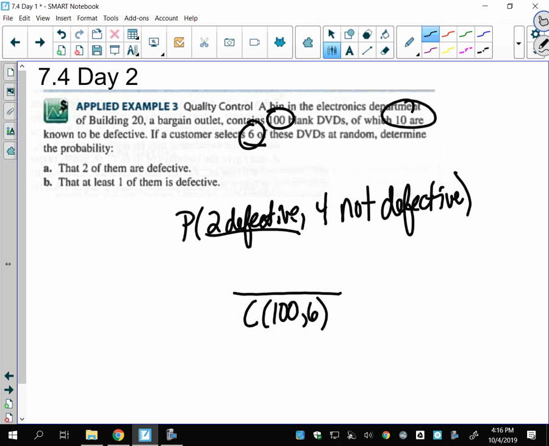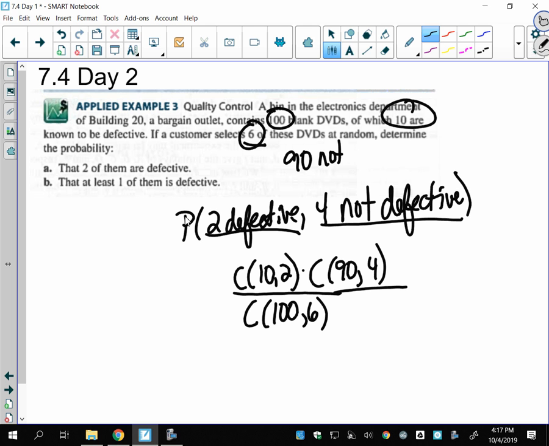And we want to choose 2 of them. So that's also going to be a combination of 10, choose 2. And then how many are not defective? Well, if 100 are there and 10 are defective, that means 90 are not defective. So we're going to do combination 90, choose 4. Notice that the top numbers, 10 and 90, add up to 100, and 2 and 4 add up to 6. And then we can use our calculator from there.